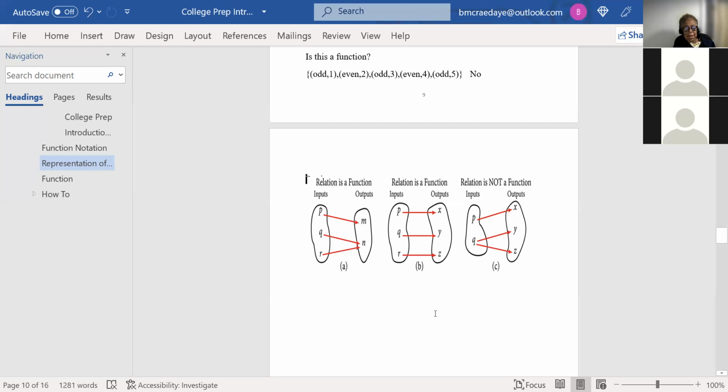So a function is a relation, but not all relations are functions. So these are all relations, but this one is not a function. Okay.